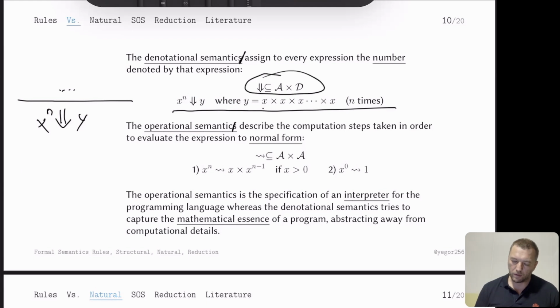So this symbol belongs to the relation. It actually is part of the relation between all expressions of our language, and on the right side all possible data. So if this belongs to A, this is part of the language, then Y should be the data.